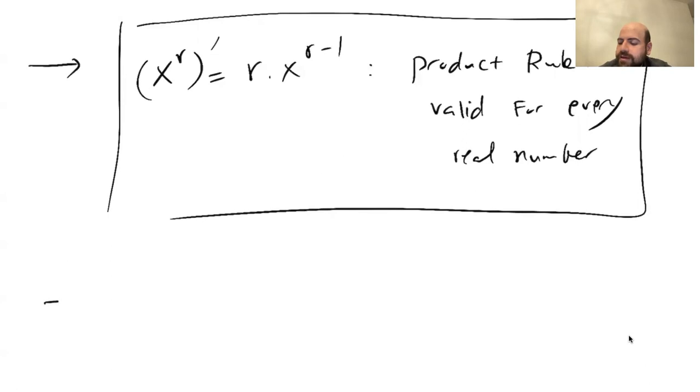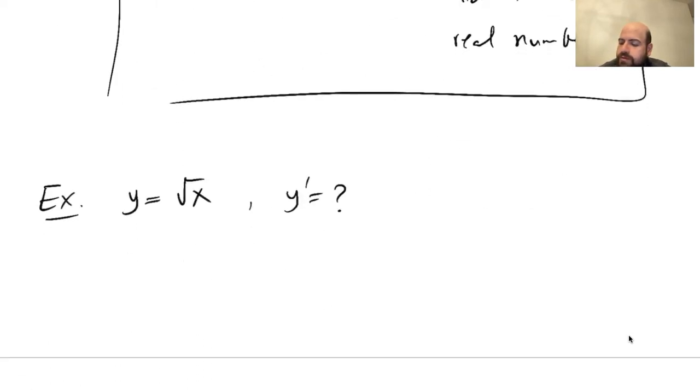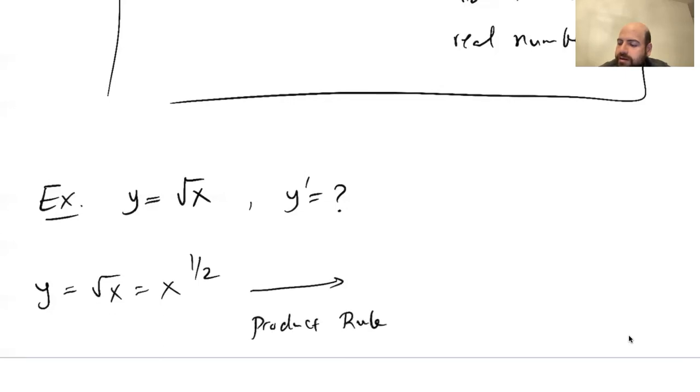So for example, let's say you want to calculate the derivative of root x. So y is equal to root x, which can be written as x to the power 1/2. So by the power rule, we can say that y prime is equal to, what is it?